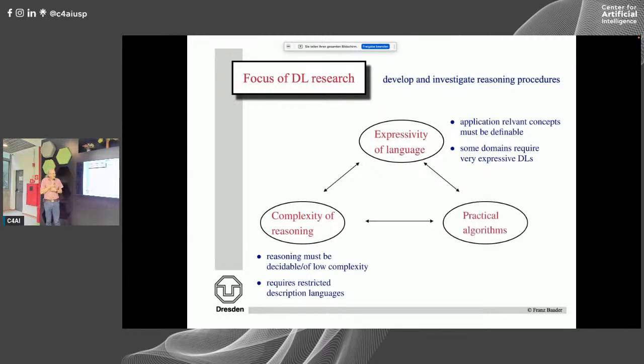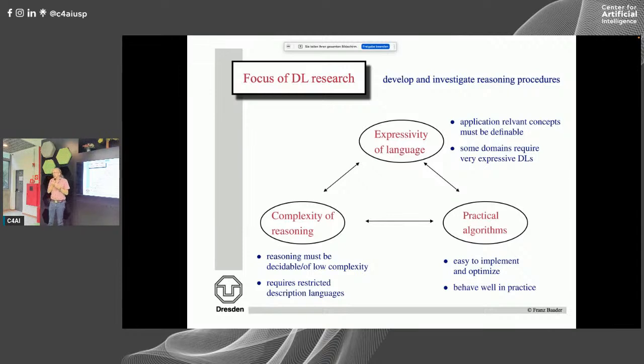But again, you also should be aware that this complexity stuff is mainly theory, and in the end we want to have practical algorithms. That means they should behave well in practice. In the application we have at hand, they should at least be fast, even if in the worst case they are not.